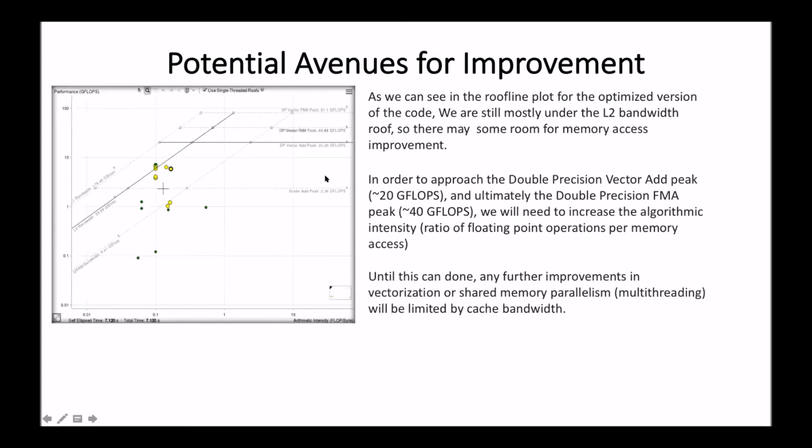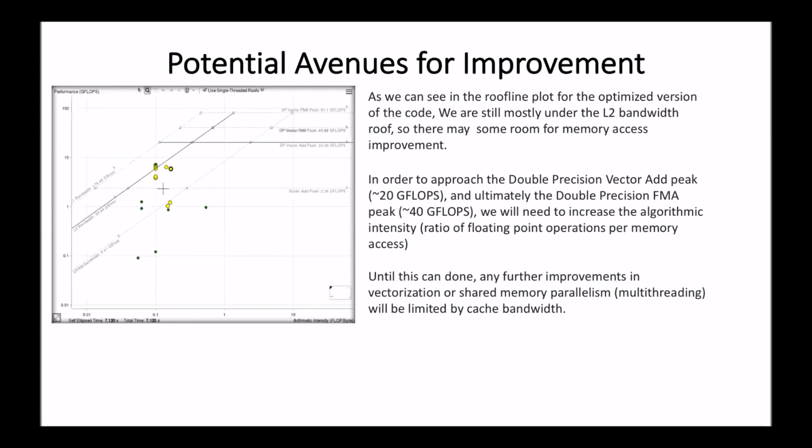But if we look at the roofline plot again, our peak for potential speed up for our bottleneck loop is this double precision FMA peak, which is way up here at 40 gigaflops. Now we're far from that, and in fact, according to this roofline plot, if we increase performance somehow miraculously up to this degree, we are going to be bound by L2, or I'm sorry, by L1 bandwidth.